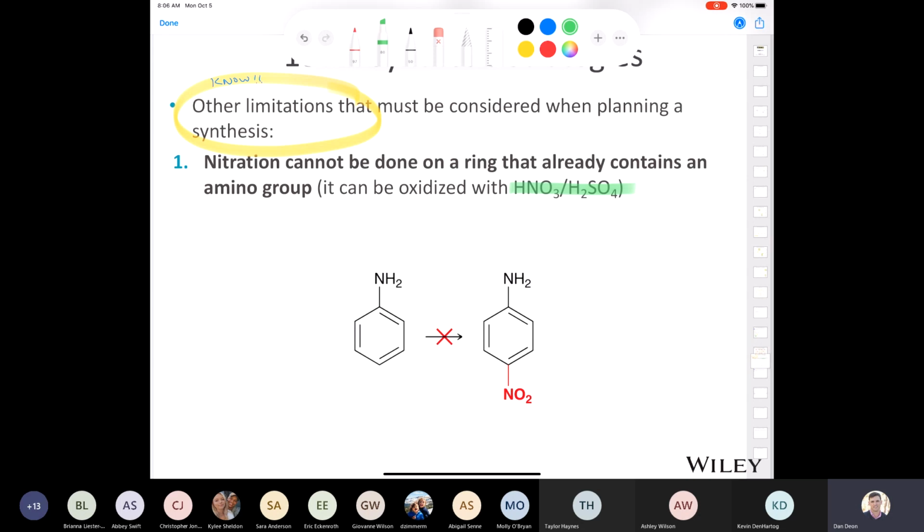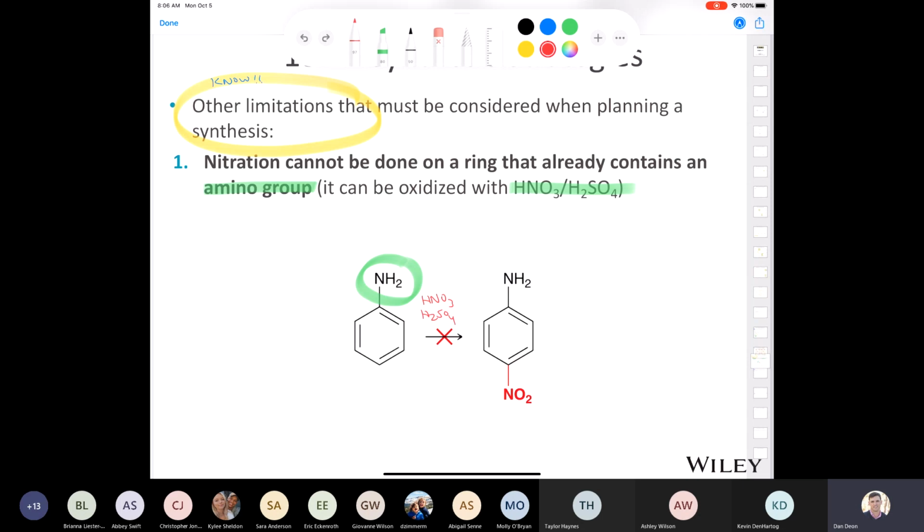It says here that you can't do nitration on a ring that already contains an amino group. So what's going to happen is if you were to take that aniline and treat that with HNO3 and sulfuric acid, it's not going to work because it's going to oxidize the amino group. Now, if you're wondering, well, what's it going to oxidize it to? It doesn't look like it's oxidized here.